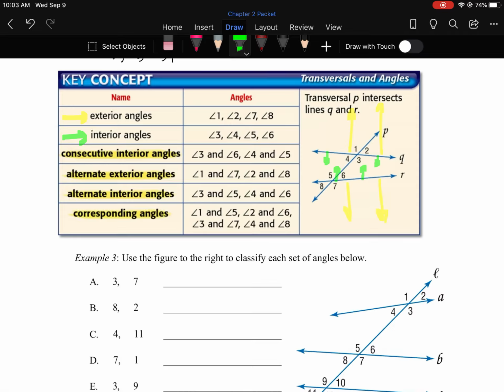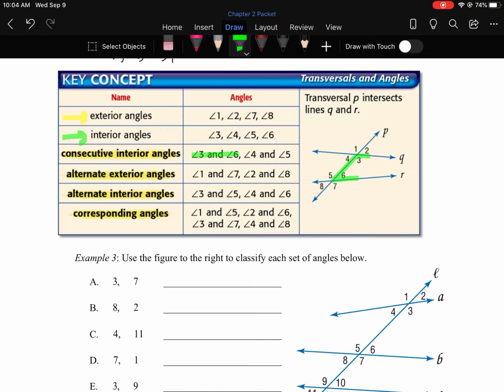So consecutive interior angles. Think about consecutive as in counting order, sort of side by side. So interior, they're going to be on the inside here. Consecutive sort of means they're side by side on the inside, and they're on the same side. And sometimes they're called same side interior. I've also seen them called that.